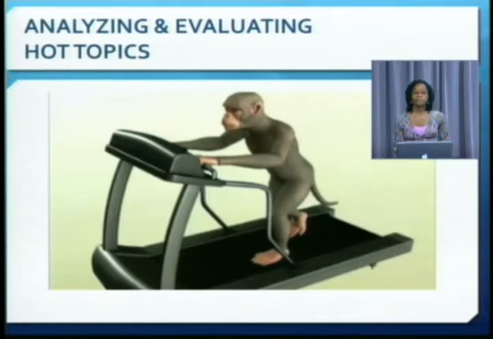So this student did a presentation and video on an article titled Monkey Think, Robot Do, where a monkey had its brain wired such that it was controlling a robot across the world.